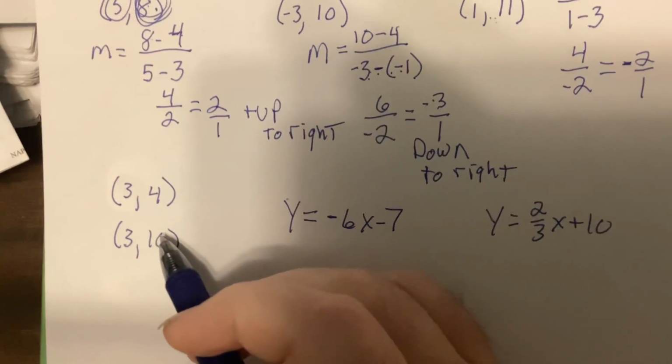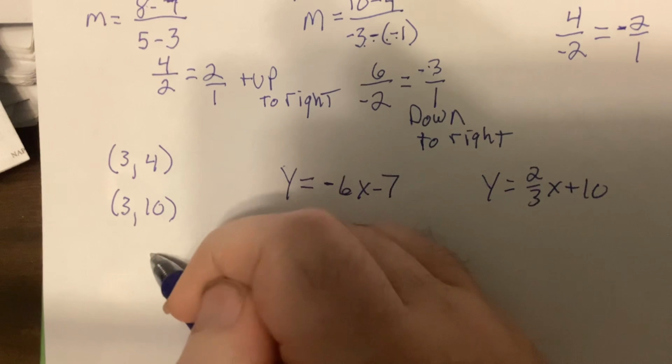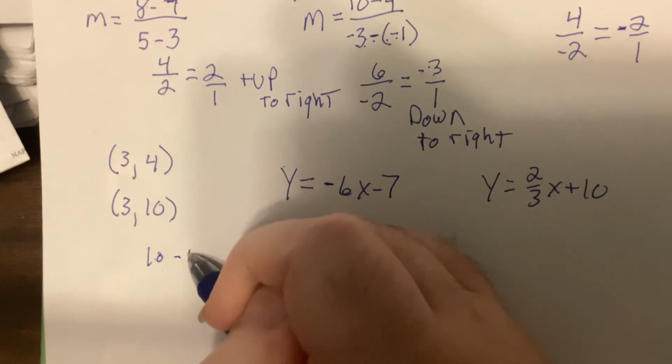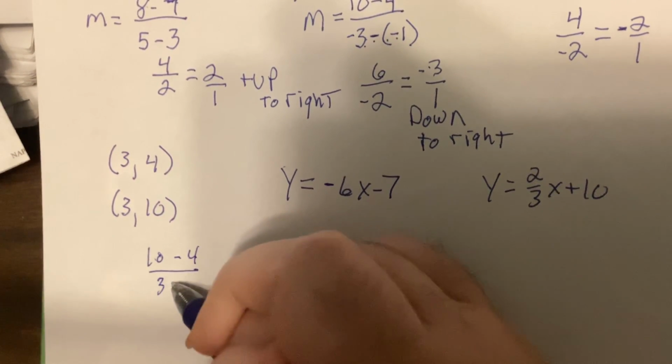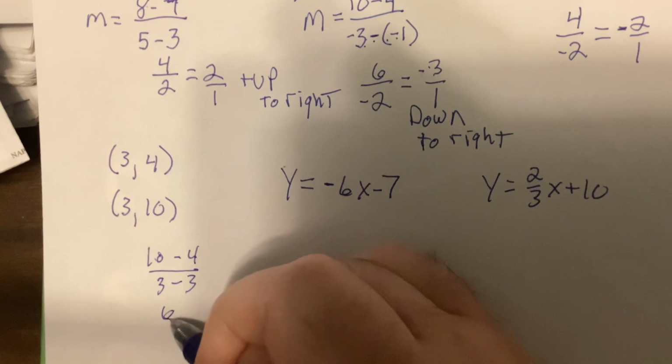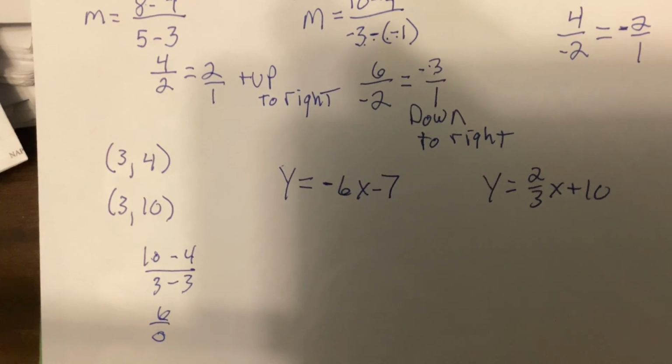Okay, do this one for me, please. So 10 minus 4 over 3 minus 3 would be 6 over 0. Oh my goodness, we're dividing by 0. Remember, if 0's on the bottom, it's undefined, undefined, undefined.